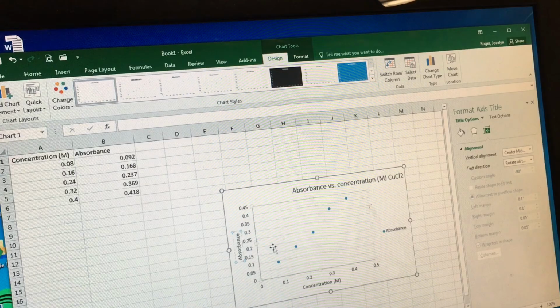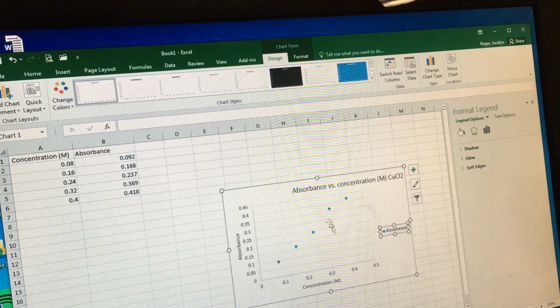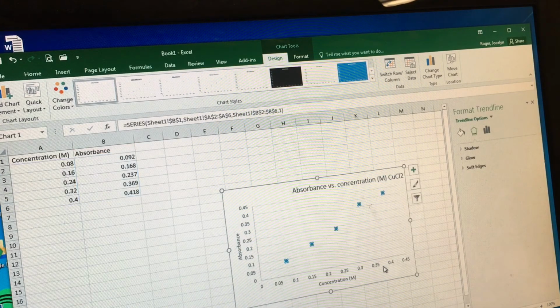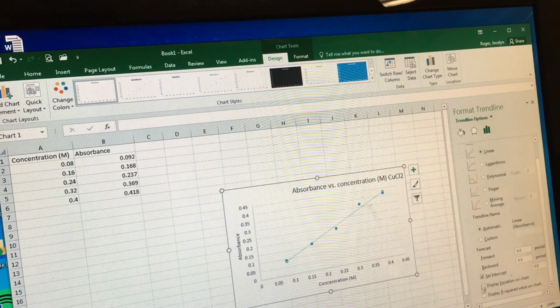No unit for the absorbance. And since we have only one line here, we don't really need a legend for this. Our trend line disappeared. All right.